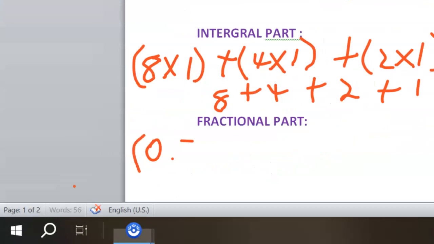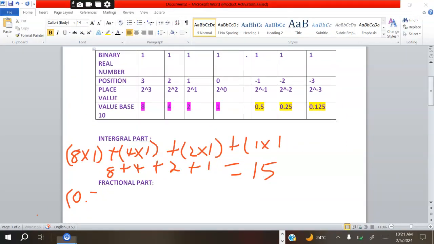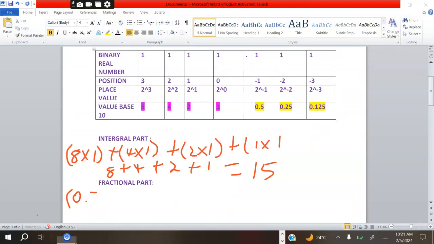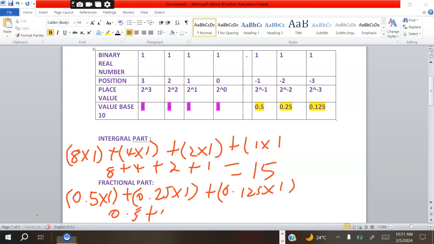Let's move to the fractional part. We have 0.5 multiplied by 1, plus 0.25 multiplied by 1, plus 0.125 multiplied by 1. This gives us 0.5 plus 0.25 plus 0.125.